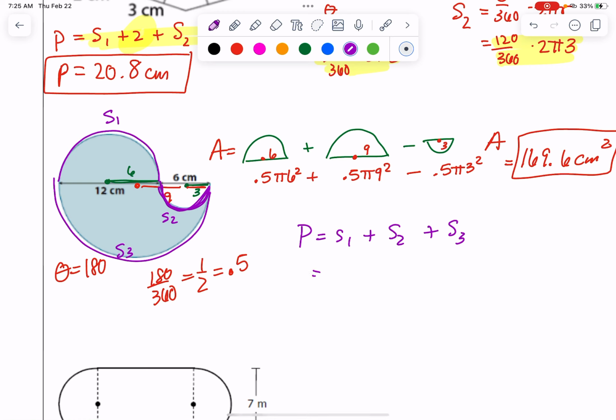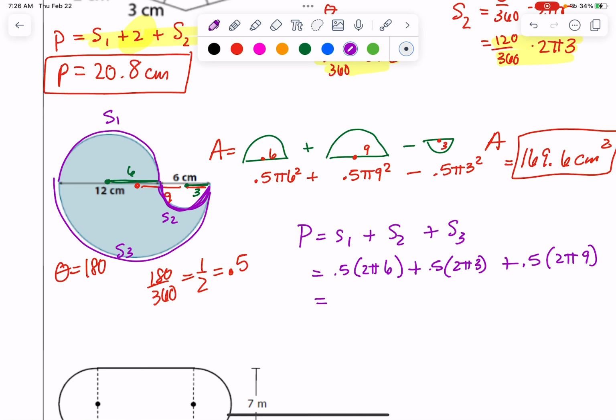So when I plug that all in, again, these are semicircles. It just makes it easier. Instead of putting in the fraction every time, I'm just going to put a decimal. It's the same thing. 0.5 times 2 pi 6 plus, this time it's adding, not subtracting, 0.5 times 2 pi 3 plus 0.5 times 2 pi 9.